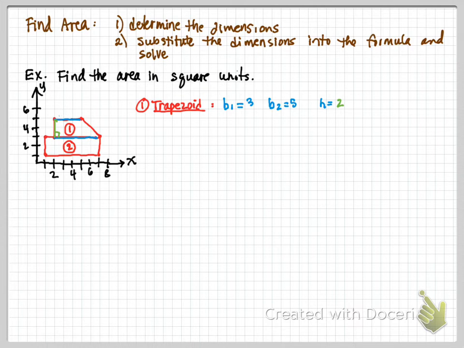So I'm going to put that into the formula for the area of a trapezoid, and I get area is 1/2 the sum of the bases, B1 and B2, times the height, and I just plug numbers in. So my bases are 3 plus 5, and then I'm going to multiply that by the height, which is 2.